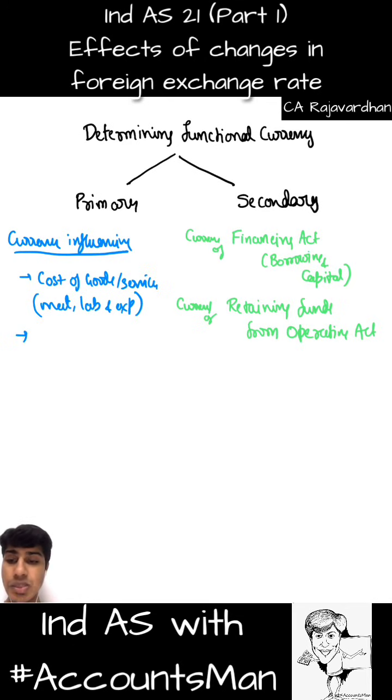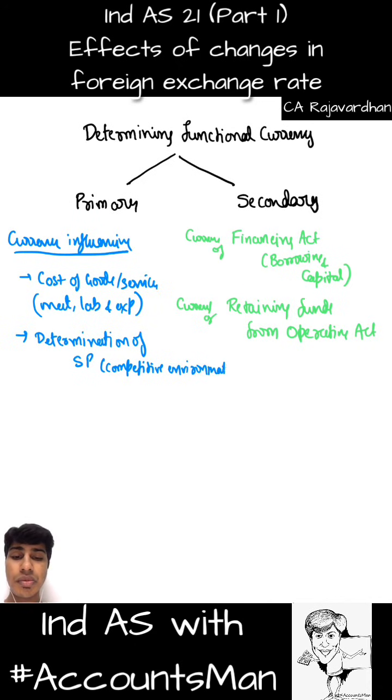And the next one is with regard to determination of selling price, based on what? Competitive environment. Done. And then the last one is with regard to sale of goods and services.